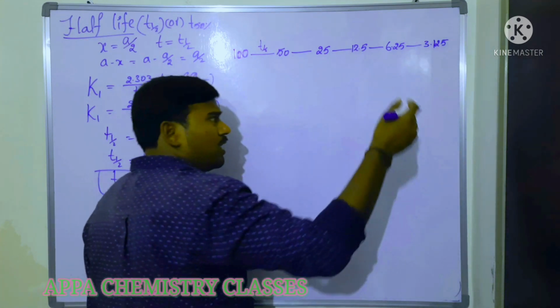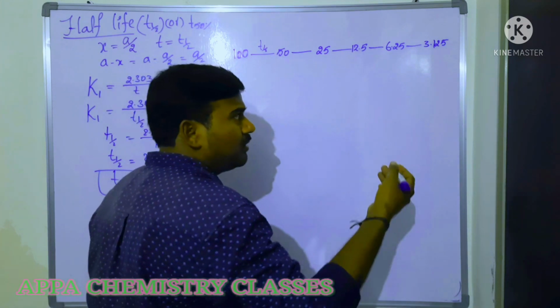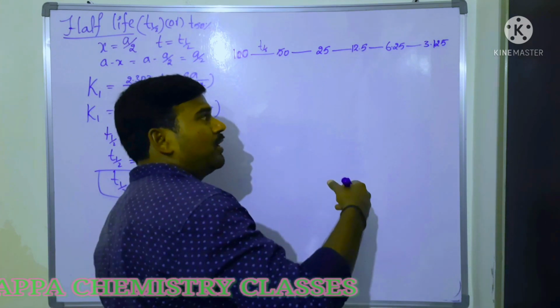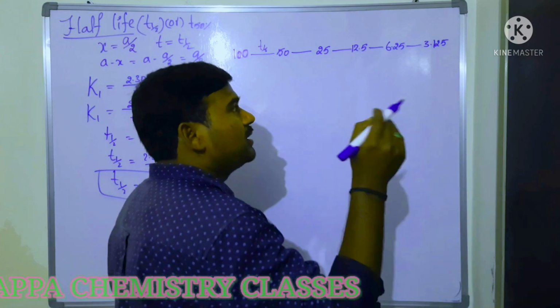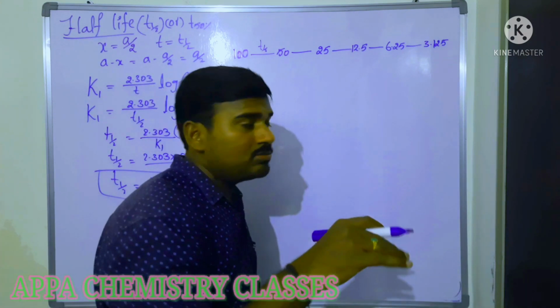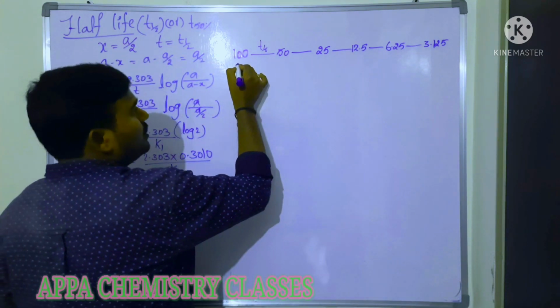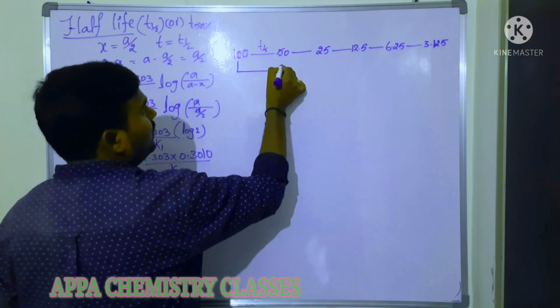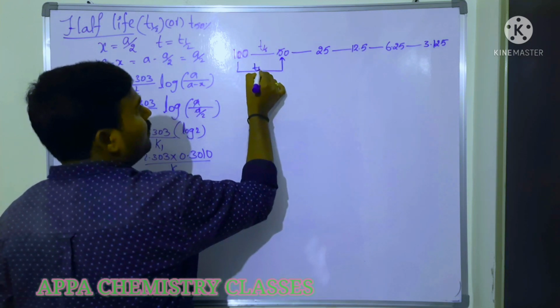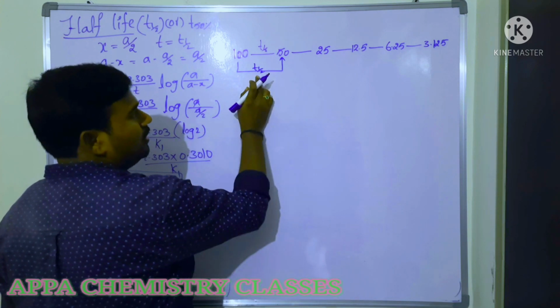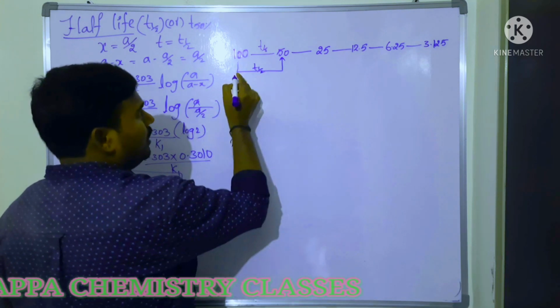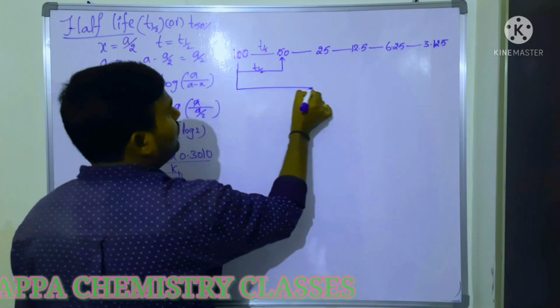So on we can continue like that. In 3.125, the half is 1.565. Now from 100 to 50, it is the time required to consume half, that is 50% time. Now 100 to 25 it is going.